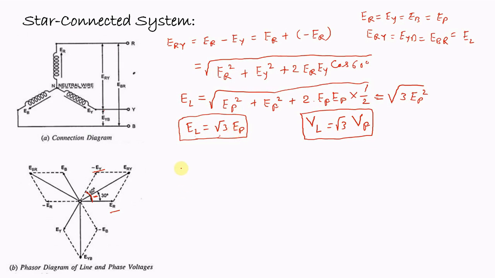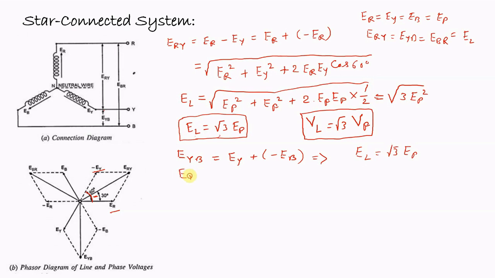Similarly, if we want to calculate the voltage between Y and B, we will get in the same manner. It will be EY plus minus EB, and again the line voltage will be root 3 times of the phase voltage.